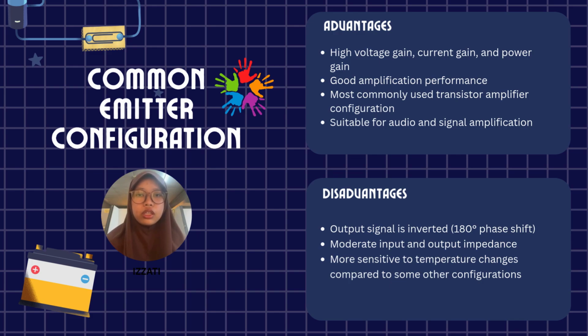The common emitter configuration provides high voltage, current gain, and power gain, making it the most widely used transistor amplifier. However, it also has some disadvantages, such as 180 degrees phase inversion and sensitivity to temperature changes.